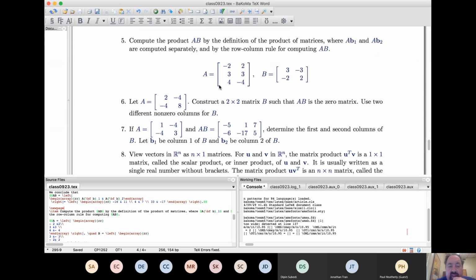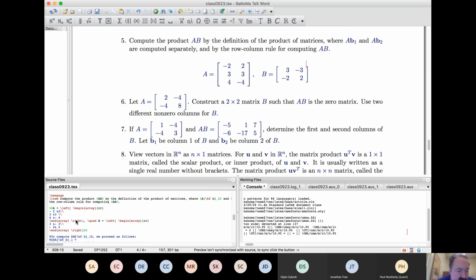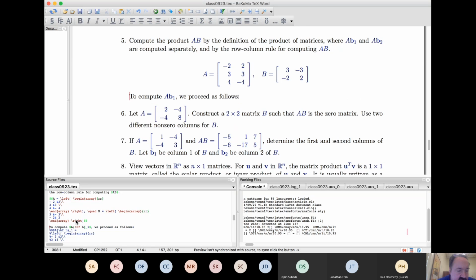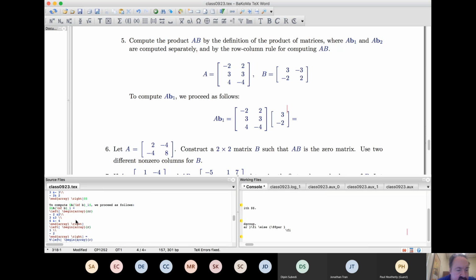All right. Here we have another. So here we're working to compute AB1. So we're dealing with the first column of B right here.